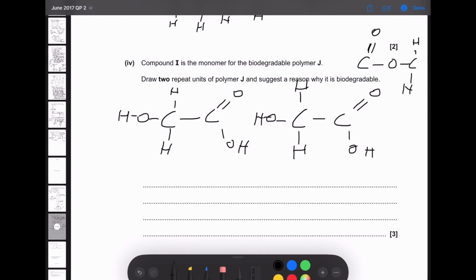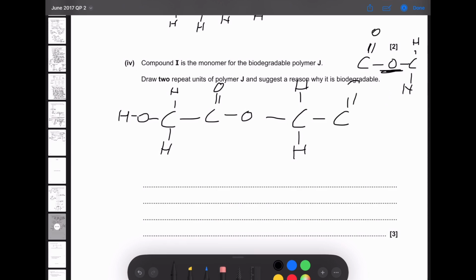So how are we going to create that? Well, we're going to get rid of this here. I'm just going to draw this in a straight line. So we've got our double bond O here, and then the O from the OH is going to become our ester link here. And then this is going to happen again here.